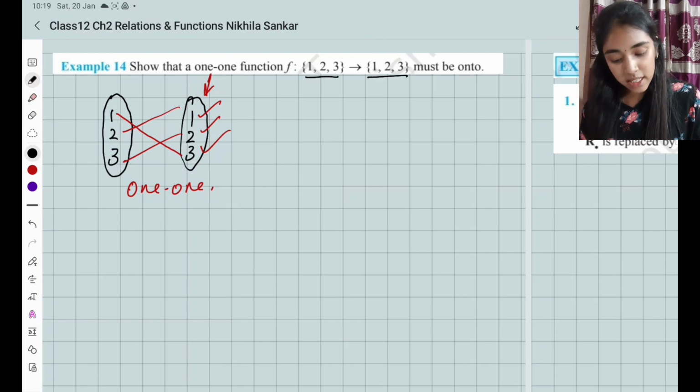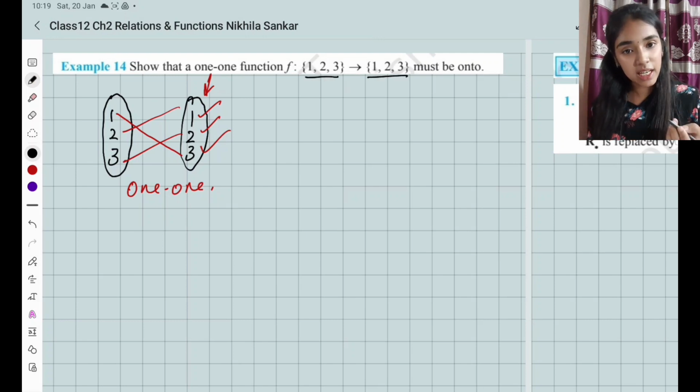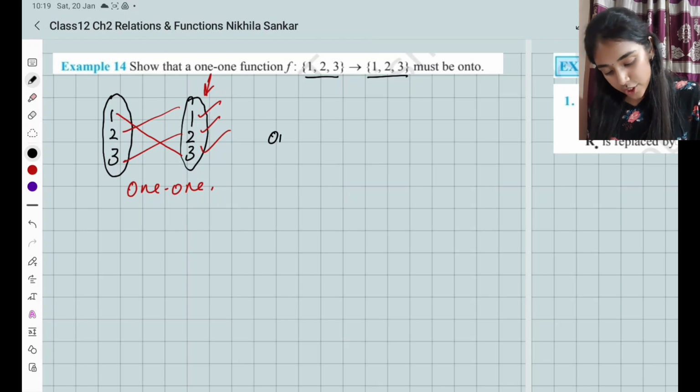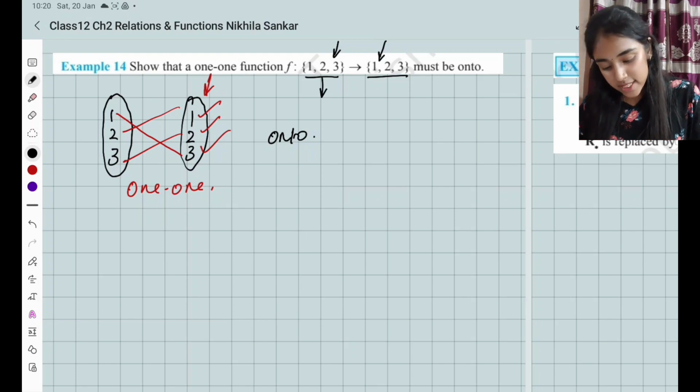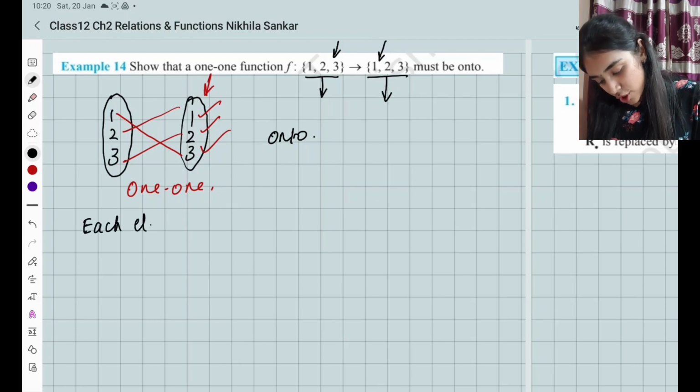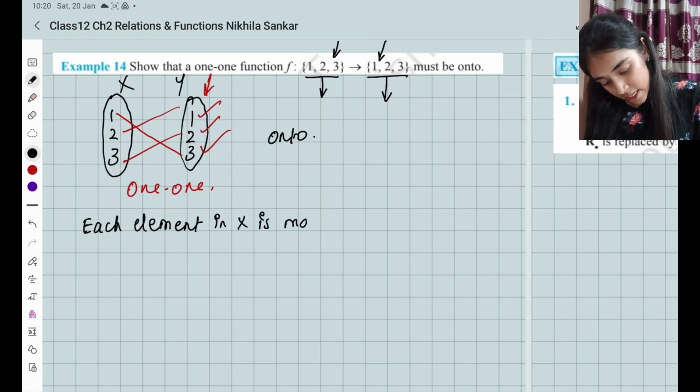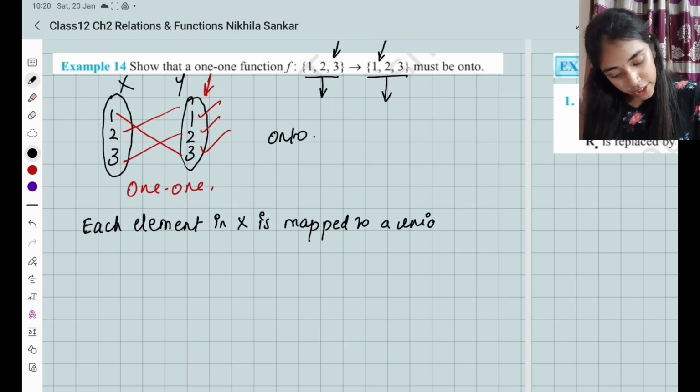Here there are only 3 elements and here also only 3 elements, so it is definitely going to be an onto function. So this is definitely onto because, how do we write it, there are only 3 elements in x and y, so each element of x is mapped to a unique element in y.